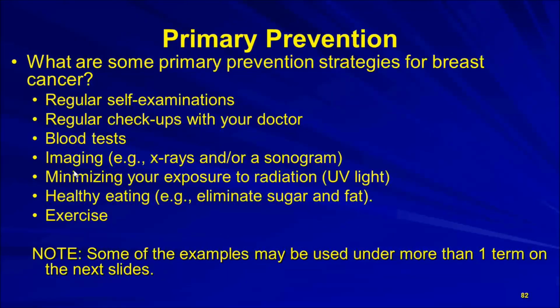So, for example, for primary prevention, we talk about regular self-examinations, regular checkups with your doctor, blood tests, imaging, and you can see we look at x-rays and or sonograms, minimizing your exposure, healthy eating, eliminating sugar and fats, which seem to be determinants, and exercise.